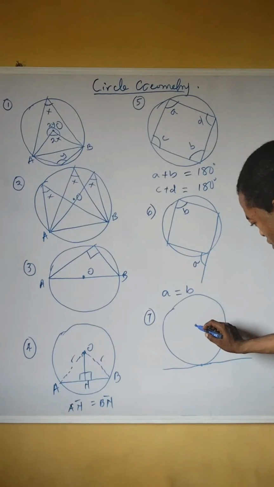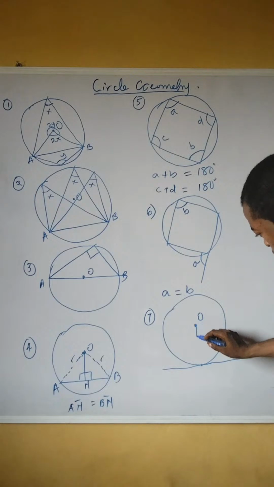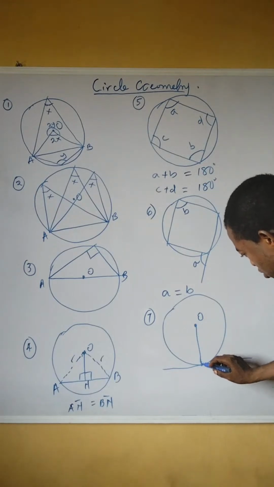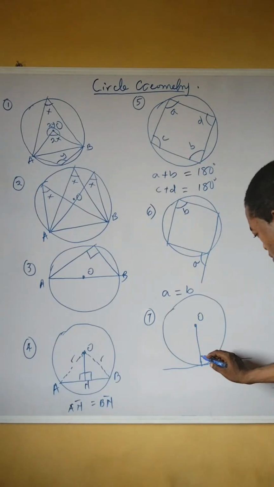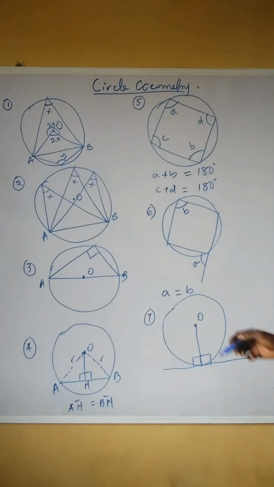And from the center of the circle, the theorem says that a line drawn from the center of the circle to the point of contact of the tangent is perpendicular to the tangent. So in other words, that means the angle between the radius and the tangent is a right angle.